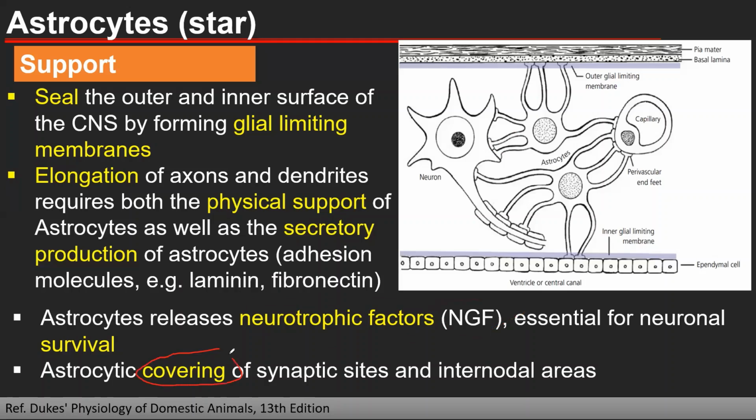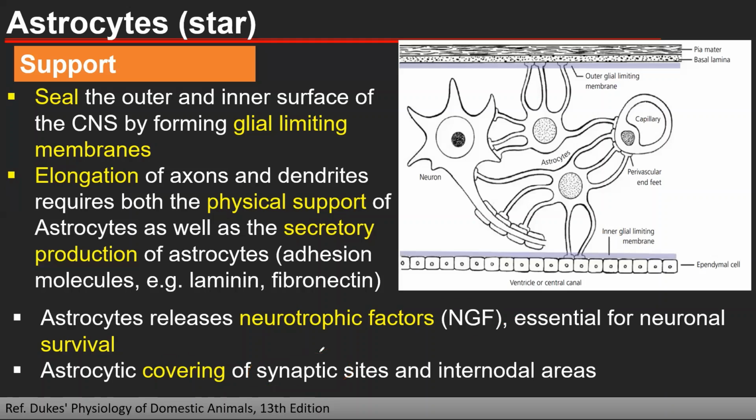Astrocytes cover and surround the synaptic areas and prevent the signaling, the action potential or the excitation, from passing from one neuron to another neuron, from one synapse to another synapse, because the astrocyte covers that area.